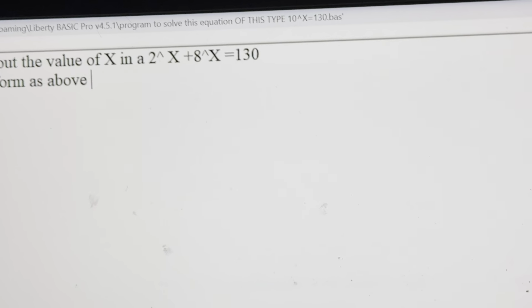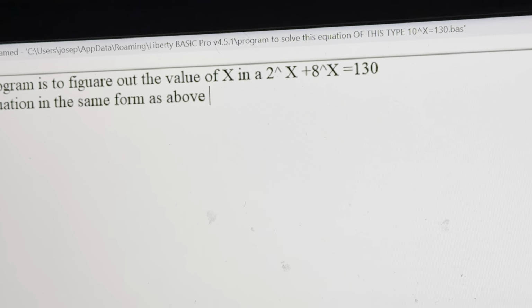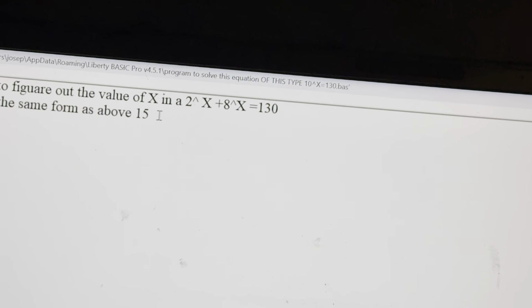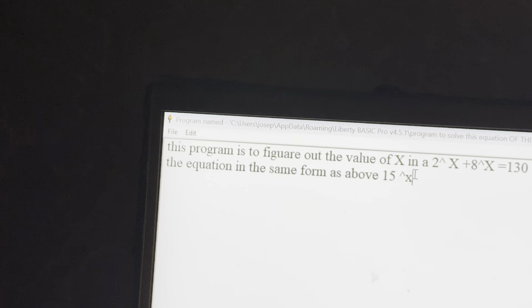The equation I wrote out here was 15 raised to the x equals 275.